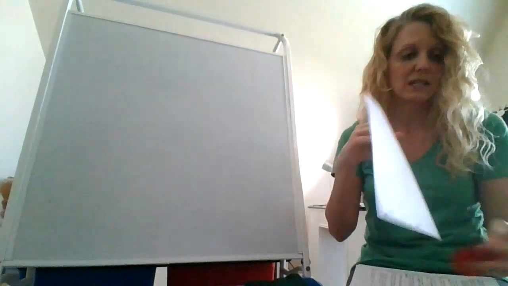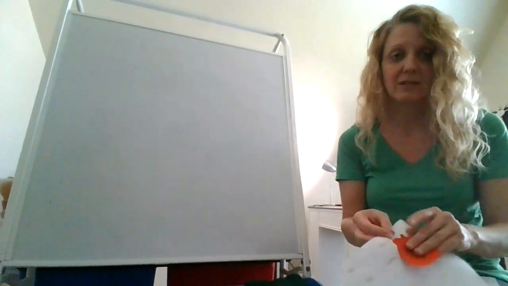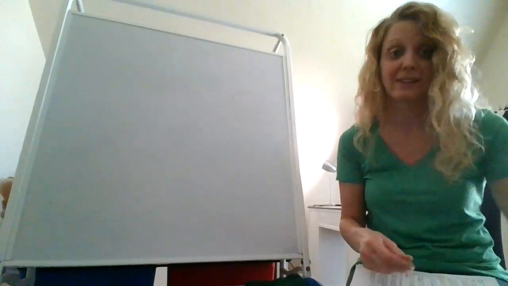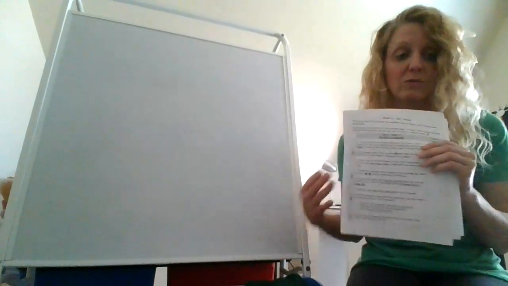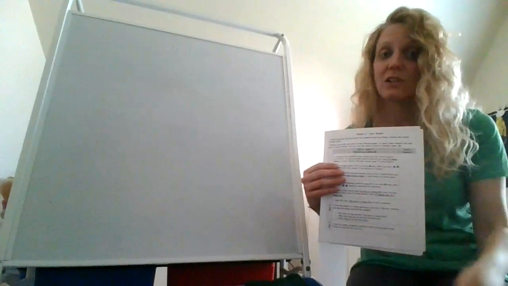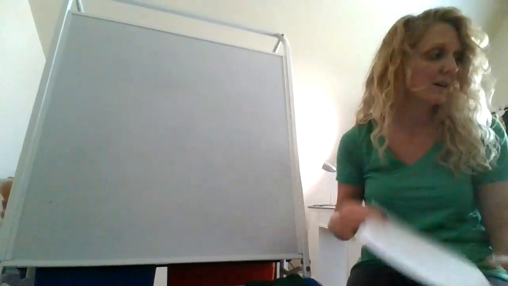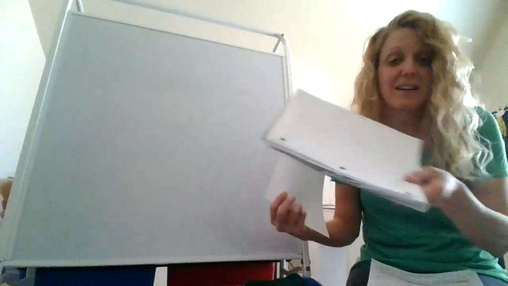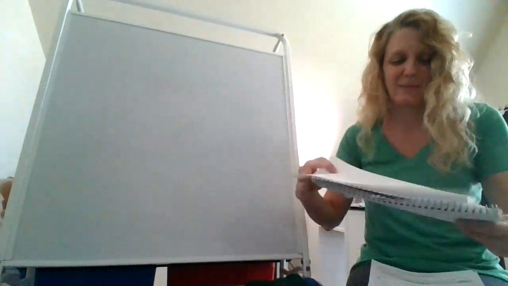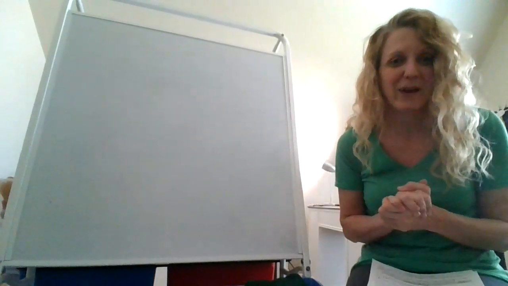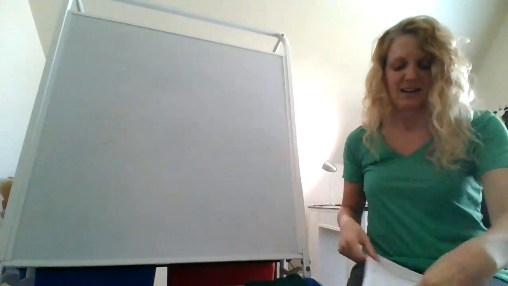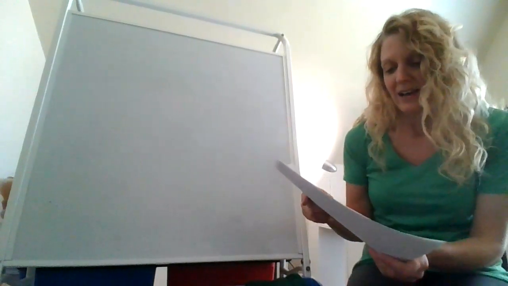I also sent one in the email to your parents. So if you don't have the extra chart I sent you, you could print out the one from the email. You can use a blank piece of paper or even notebook paper. It doesn't matter to me. You can write on any paper that you have, okay? All right, so that's what we're going to do today.